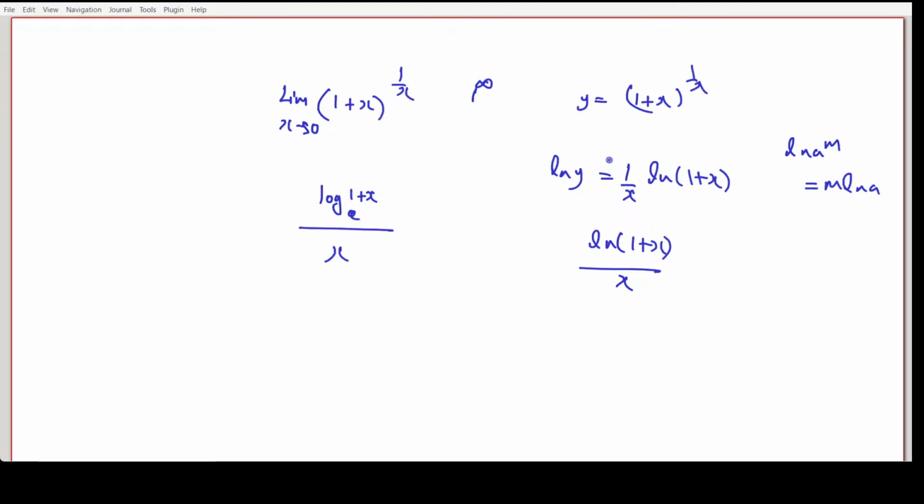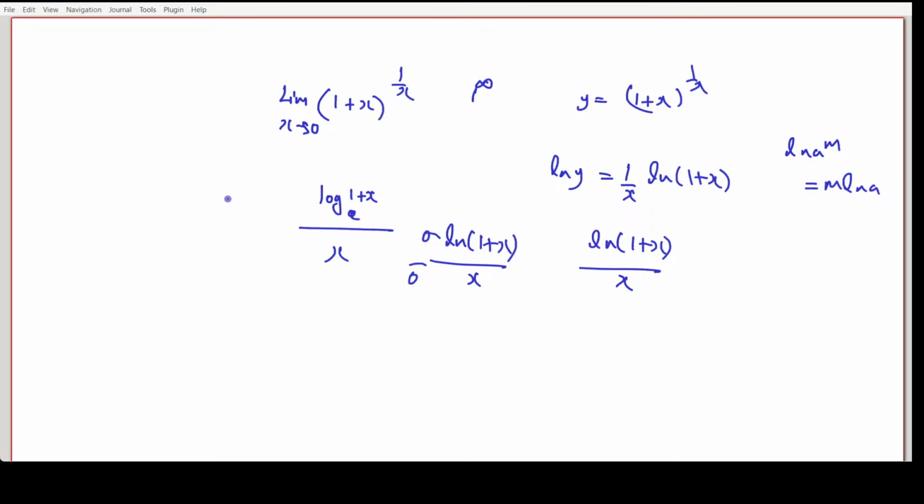That's why we write it as ln (1 plus x) by x. Now this becomes 0 by 0 form. Otherwise, what we will do, we'll discuss this a little later, because before this we want to understand thoroughly what logarithms are.